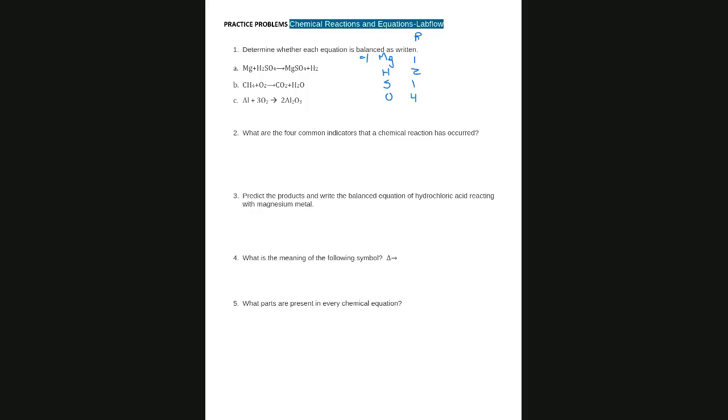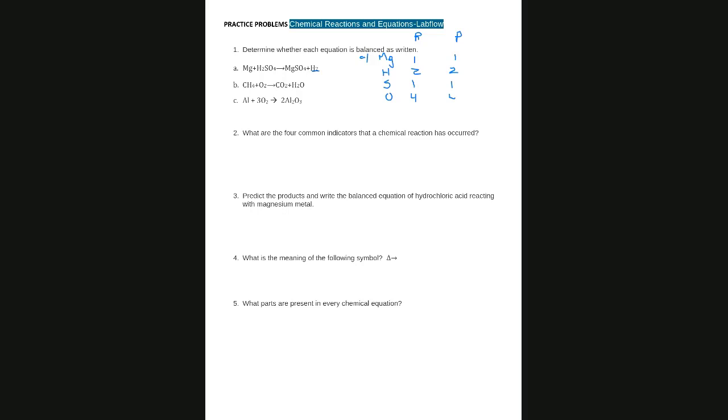And on the product side, again, one magnesium, how many hydrogens? I count 2, so I write a 2, and then one sulfur and 4.